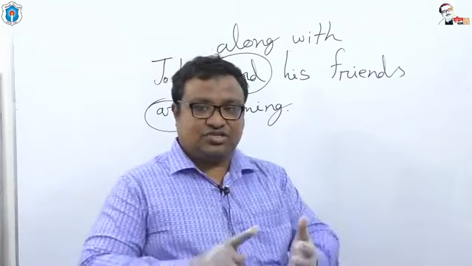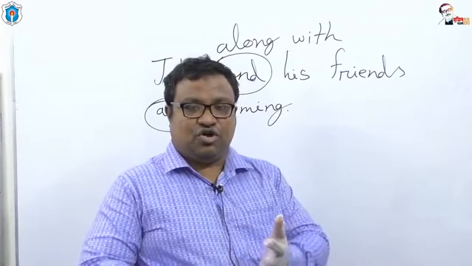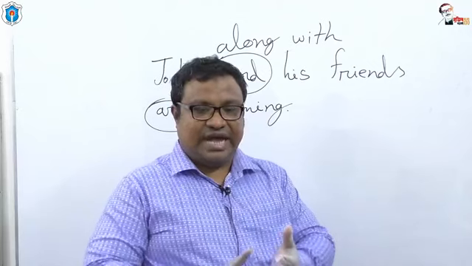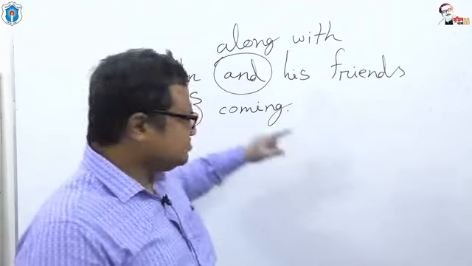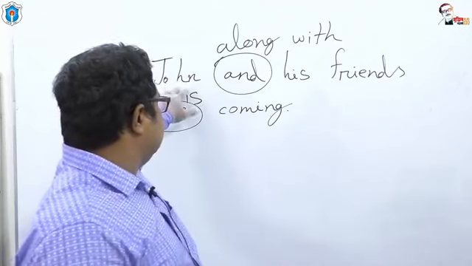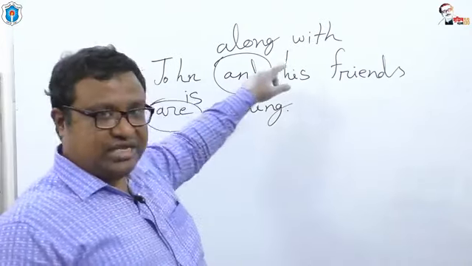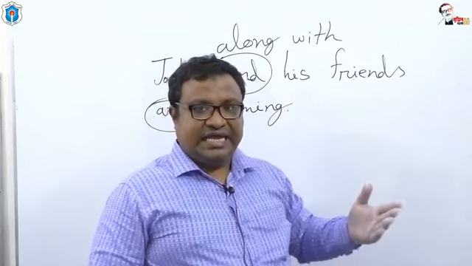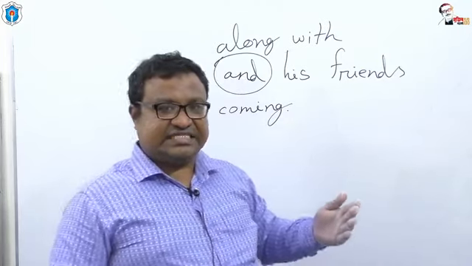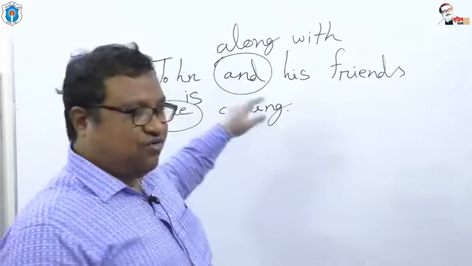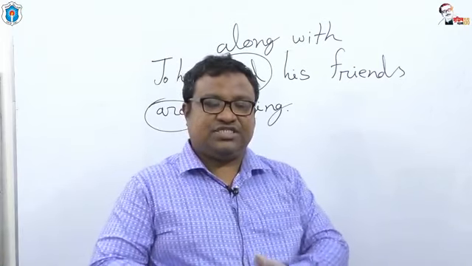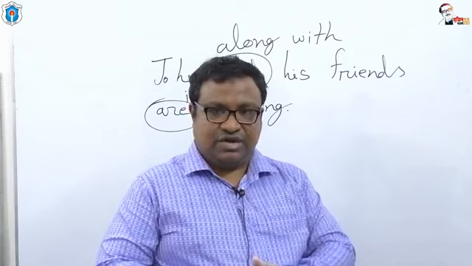So in case of either or, neither nor, not only but also, verb will follow the second subject, while in case of along with, together with, as well as, accompanied by, in these cases verb will follow what? The first subject, which may be the singular one.